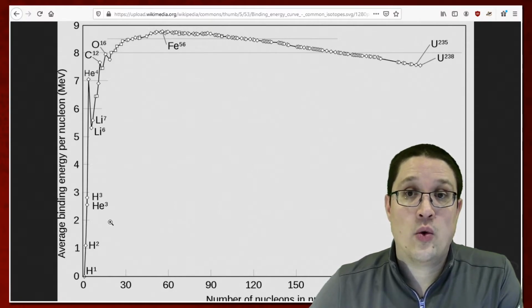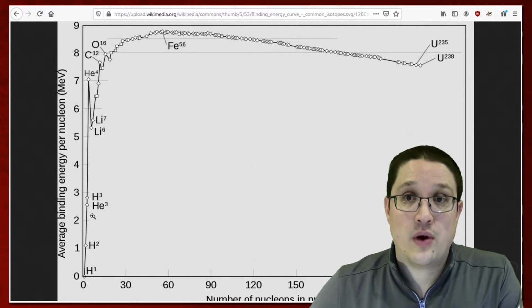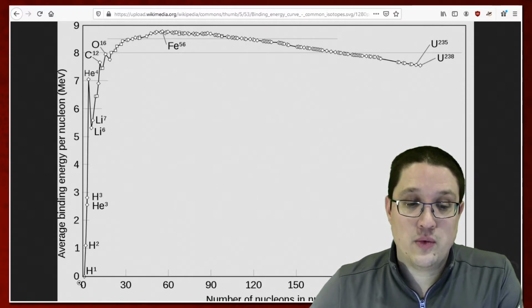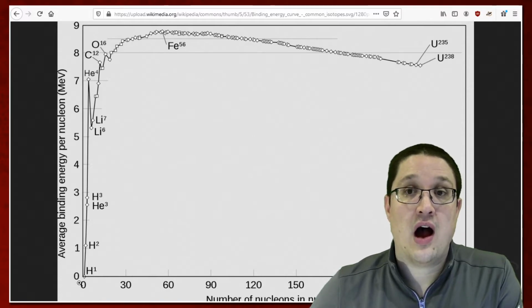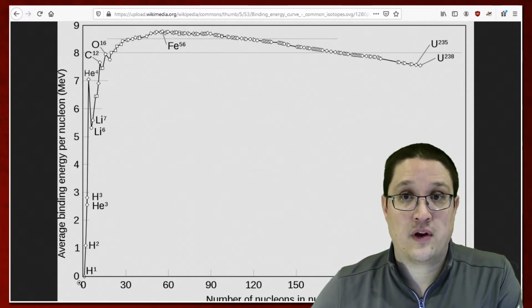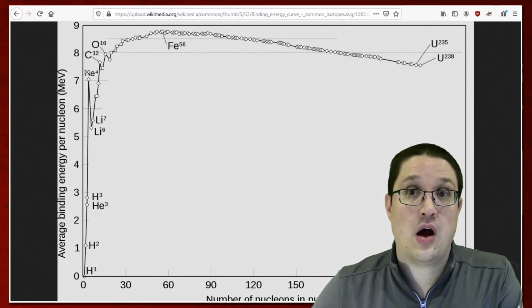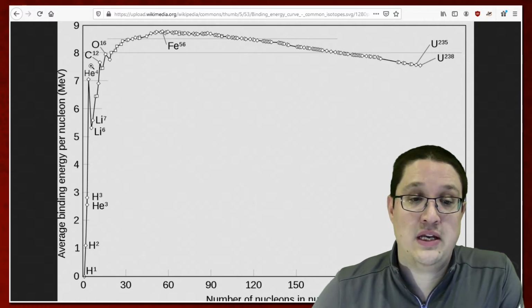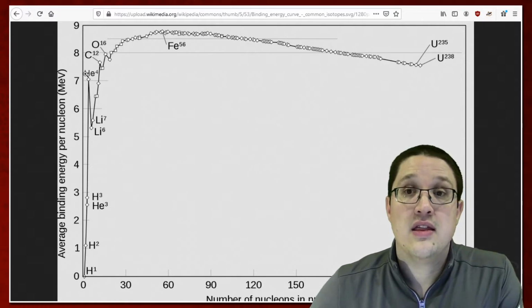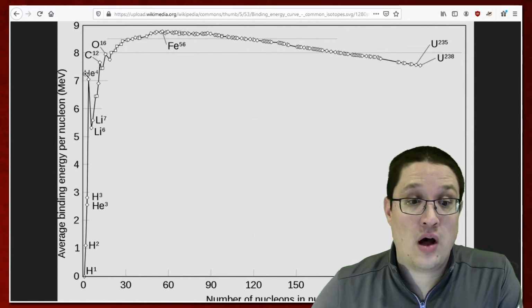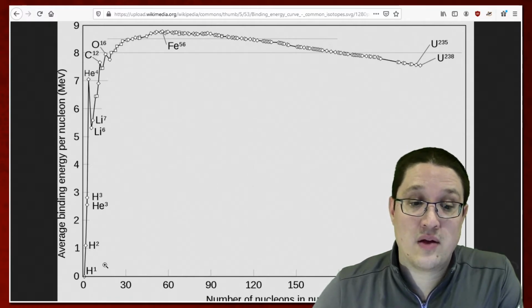Remember, in order to release energy, I need to be moving up. So in other words, fusion releases energy when we are moving up and right on the graph. If I take a look, going from hydrogen-1 to helium-4 is quite a lot of energy that is released in this process. This means that we have a lot of energy released when I fuse hydrogen into helium.